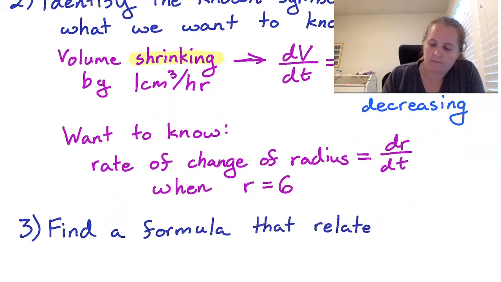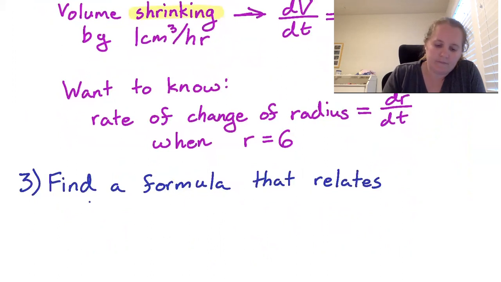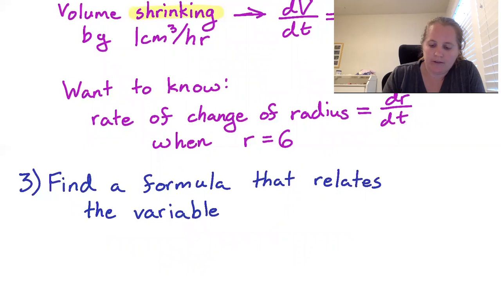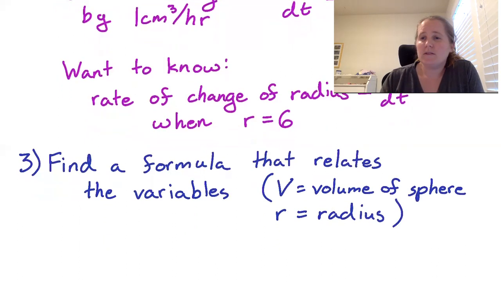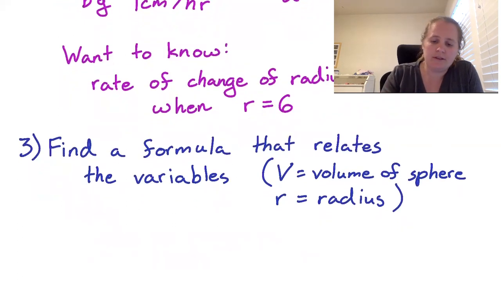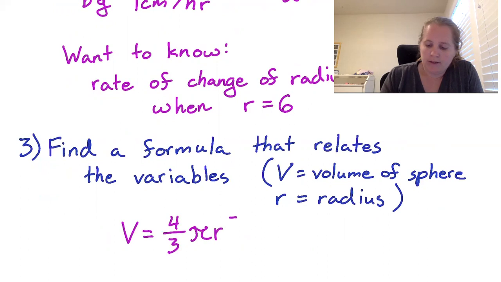the variables. So in this case, the variables that we have are V, which is the volume of the sphere, and r, which is the radius. So volume of a sphere is simply V equals 4/3 pi r cubed.